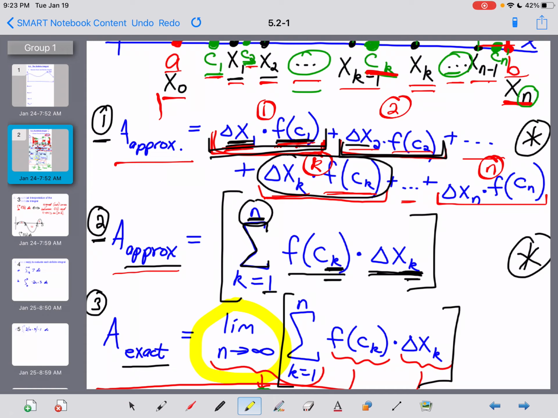Let's not forget, n is the number of rectangles. So I want you to think about what we're saying right here. A limit as n approaches infinity.